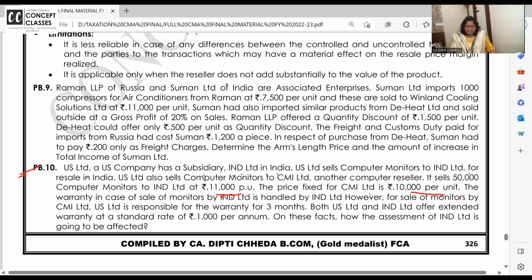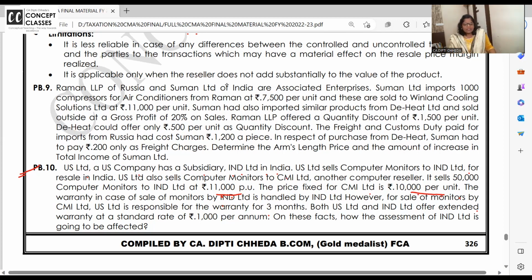The warranty in case of sale of monitors by India is handled by India Limited. However, for sale of monitors by CIM, US is responsible. So they have not charged warranty to them. In our price, they have also included warranty. So definitely if they sell with warranty, they would include the warranty.